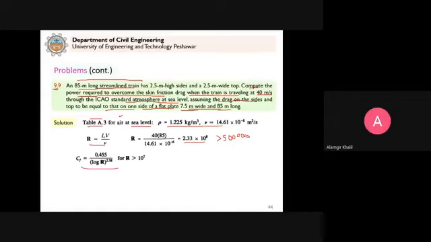So now use this equation. When R is greater than 10 power 7, we have this expression for turbulent flows, and CF we can calculate here. And then this is the characteristic area BL, 7.5 into 85 meter.